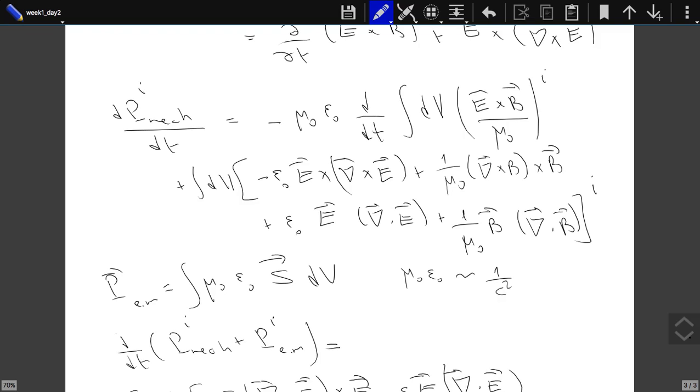So what are the conditions? Whenever you derive a result, that result is valid under certain conditions. If you remember our mechanics courses, we said that the linear momentum of a system is conserved if there are no external forces. So the linear momentum of a system can change if there are external forces. Of course, external forces are exerted by some other object.